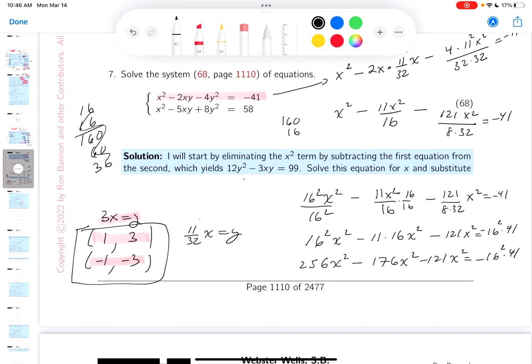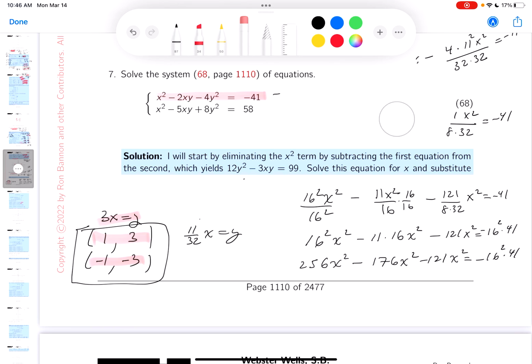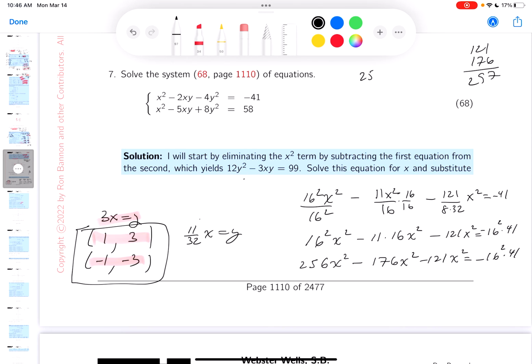Let me get my eraser out. A lot of work over here, isn't there? So all this business over here, even erase that. I'm moving forward, right? So let's take a look what you got here. Let's see, 176, 121, 7, 9, 297, 256, 297.